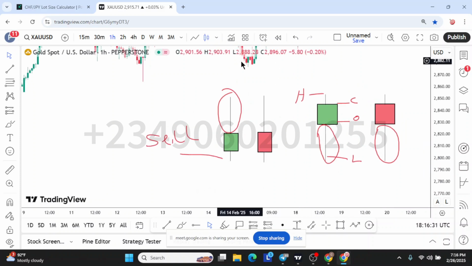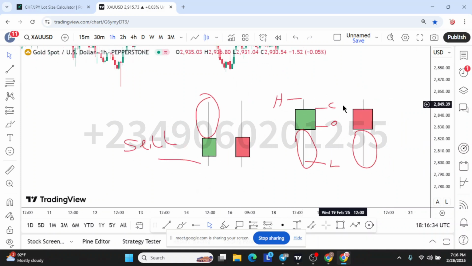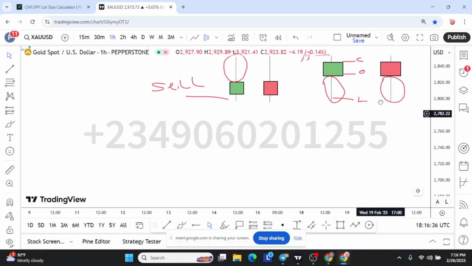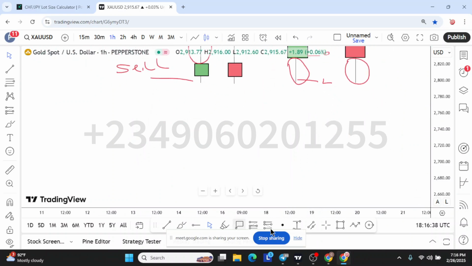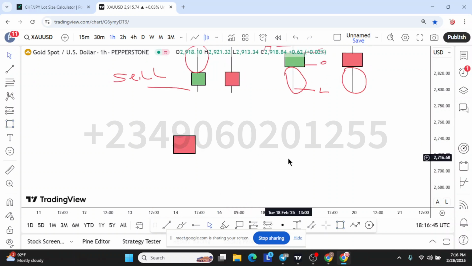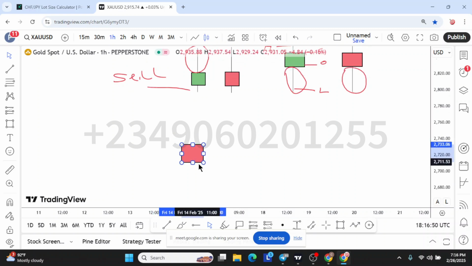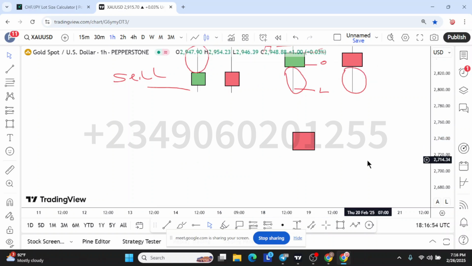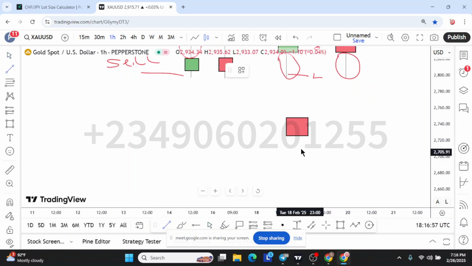Before I show examples on different charts, let's look at the hammer candlestick. The reason we want to do this candlestick together is because they look alike, but there is something that differentiates them. For the hammer, this one looks like our typical hammer, that's where it gets its name.